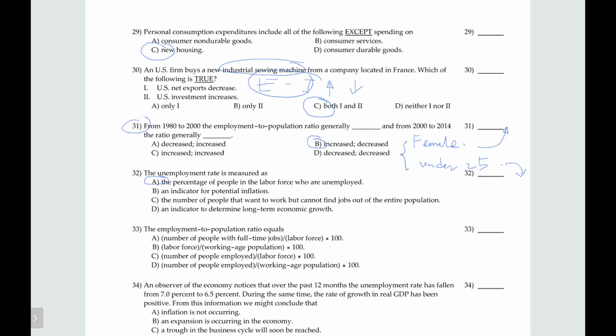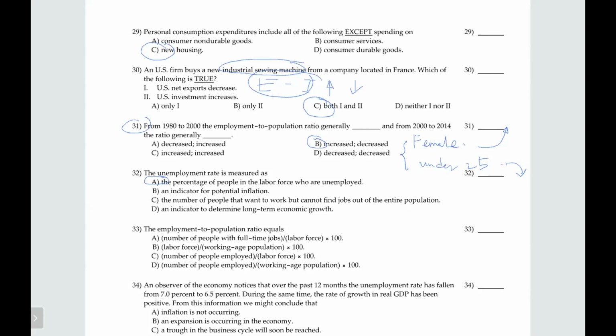Now, regarding workers under age 25, better education brings a higher wage. That raises their opportunity cost of not attending higher education or not getting better education. Hence, the labor force participation rate among workers under age 25 declined. Okay, so this is 31.